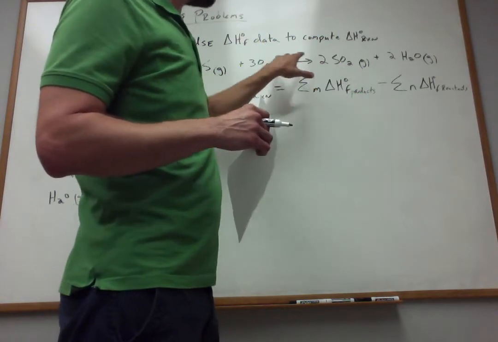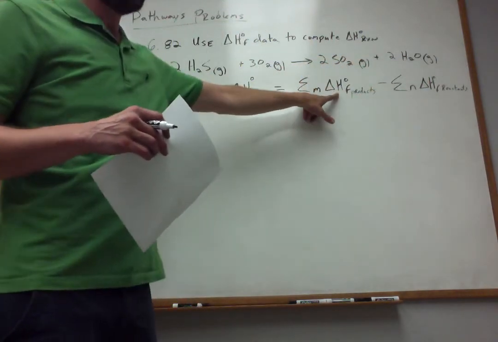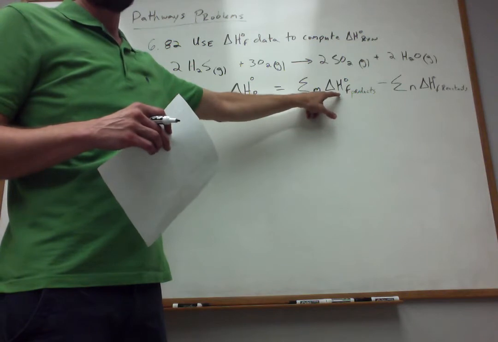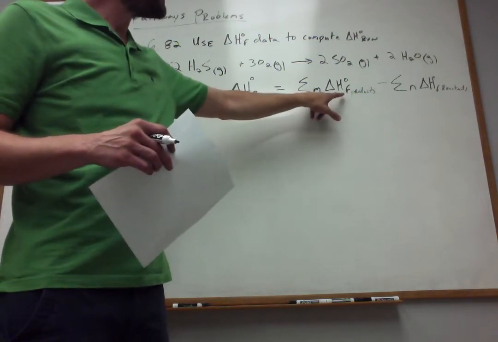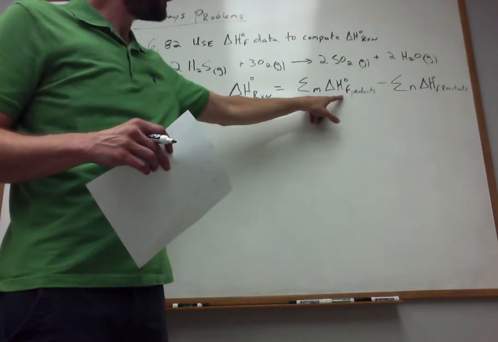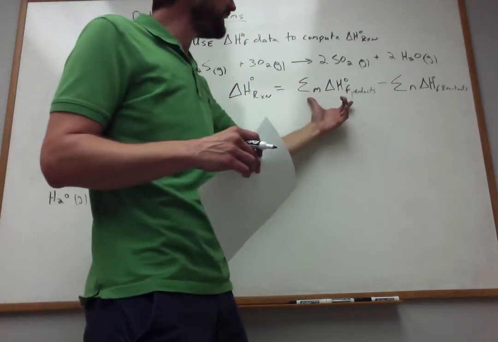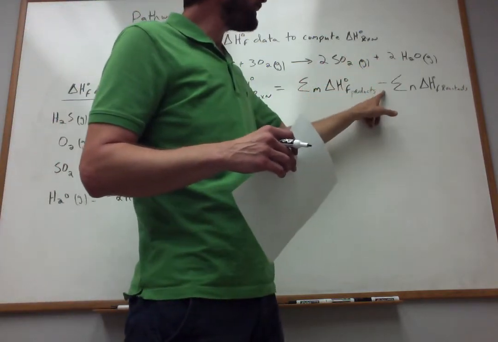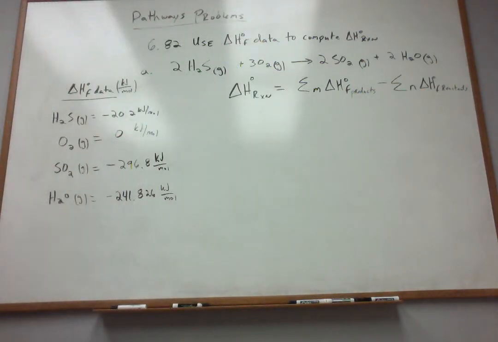So each of the individual compounds in our equation has a standard heat of formation that could be associated with it. What we're to do is find that standard heat of formation, usually from data tables, multiply it times the stoichiometric coefficient, add together the terms for the products, and subtract the analogous terms for the reactants.